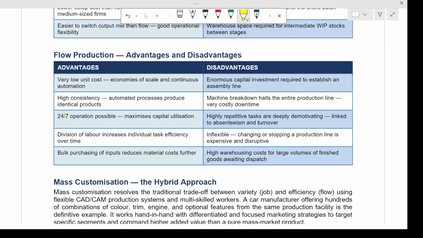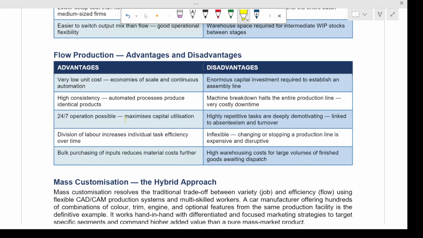Again, like I discussed before, there is 24/7 operation possible because there is a maximization of capital utilization. The fourth one is that division of labor increases individual task efficiency over time.